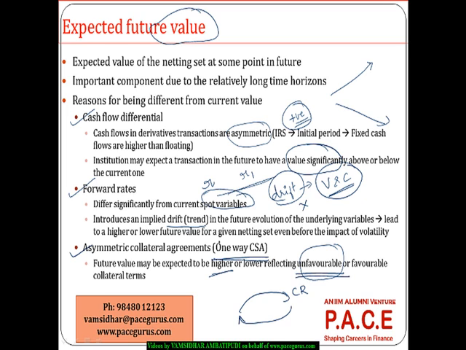So in the future, I may expect the value to be much higher. But if the collateral terms are designed favorable to the party, which means it might have received a very high amount today, means in the future it must return back a very high amount, which means the future values would be much lower. So those are one of the reasons we see that the current value of the netted set will be entirely different from the expected future value of the set.